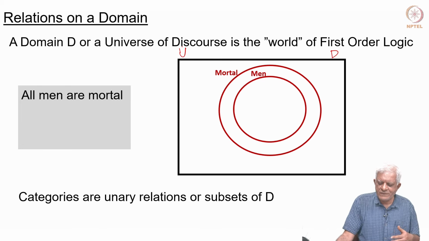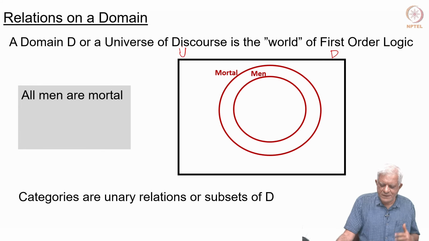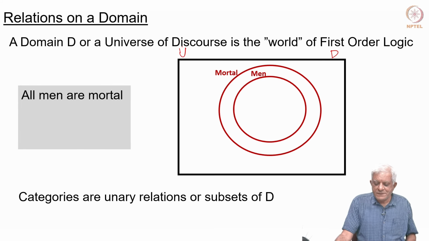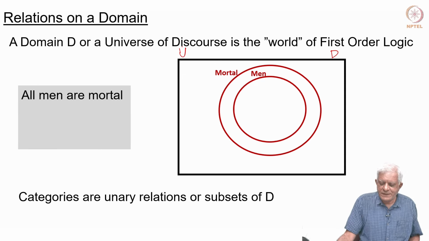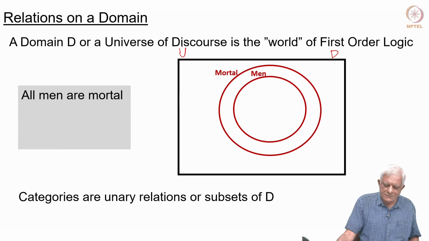Generally, when you say all men are mortal, we basically mean all humans are mortal, but that is how language tends to evolve essentially. That argument says all men are mortal. What we are saying is that the set of men is essentially a subset of the set of mortal people, or in other words the set of men is contained in the set of mortal people essentially. So, if anything is a man, that anything will also be a mortal.